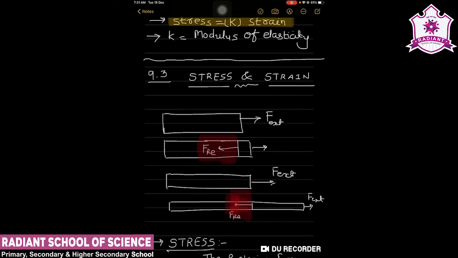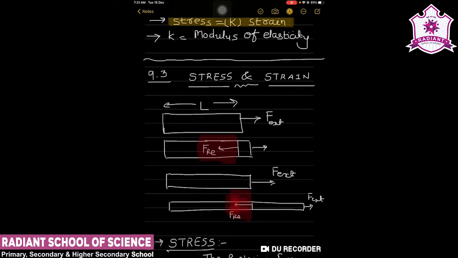Here we can see in figure 1 above, if we consider that some object is given, say the length of the object is L. Now we apply some external force over it. Suppose this is a strong metallic object.